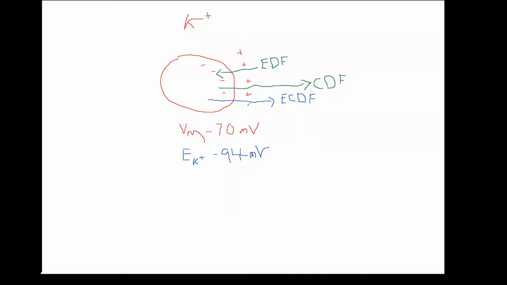Because when we're looking at the equilibrium potential for an ion, this -94 number, that's our equilibrium potential. So that's telling us that potassium is going to want to move until we get to -94 millivolts. That's why we would want to reference this other number, the membrane potential, because if we're not at -94, we know potassium has some pull on it in some direction. And by looking at what that value is exactly, we can tell which direction that pull is.